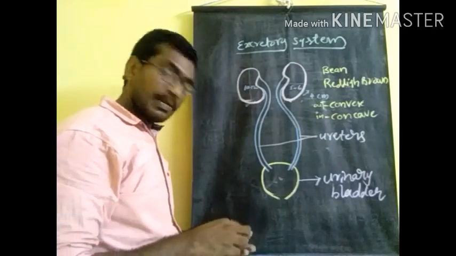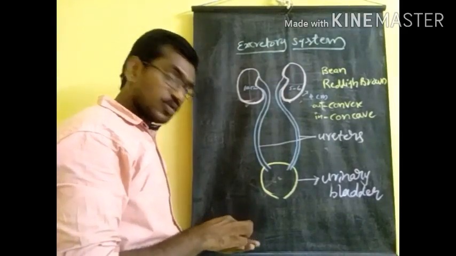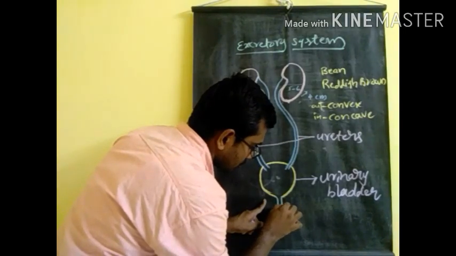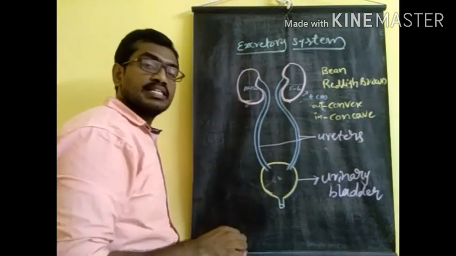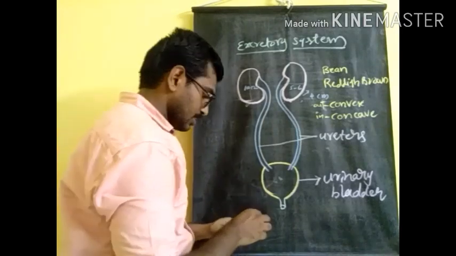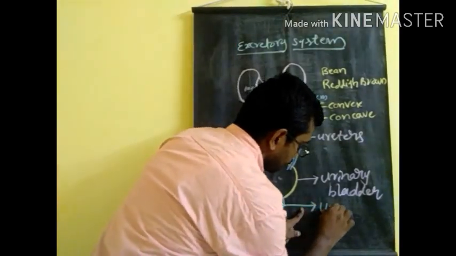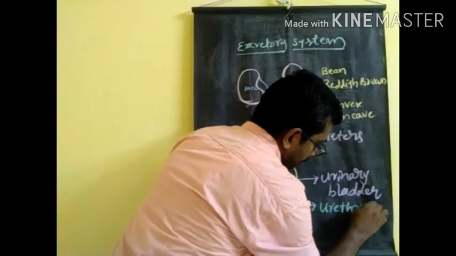And this urinary bladder opens out through a tube, which is called the urethra.